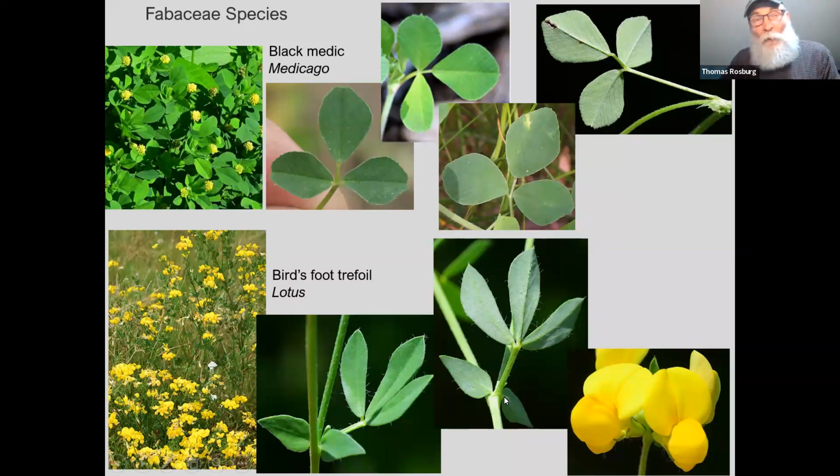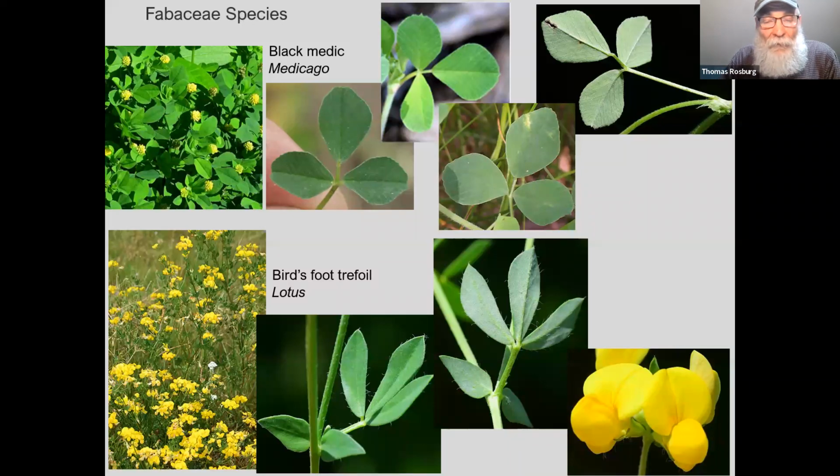It makes you wonder though, because there are no stipules in bird's foot trefoil. There are basically a couple of minute gland-like dots present at the base of the leaf, which some interpret as highly modified stipules, but that wouldn't be a good example of what a stipule is.